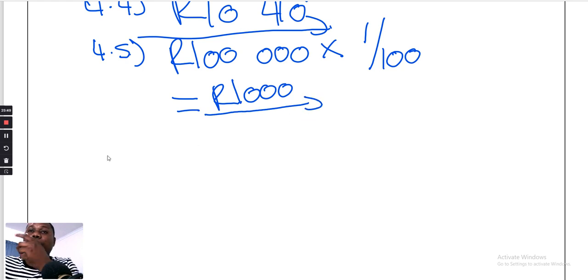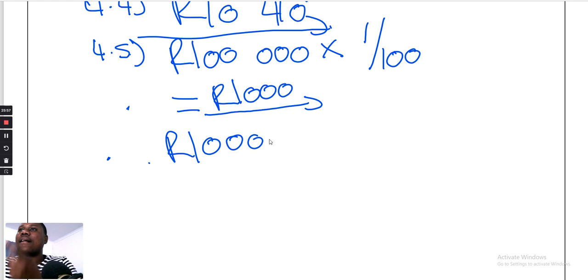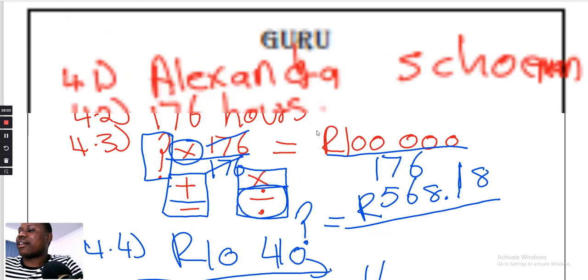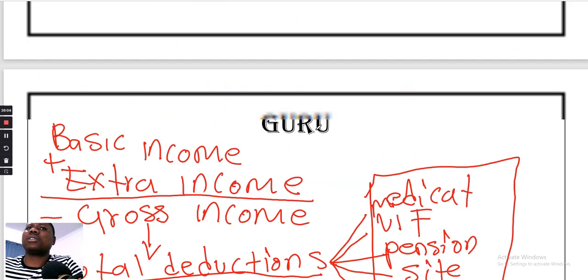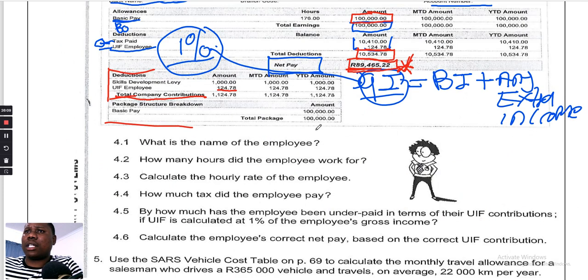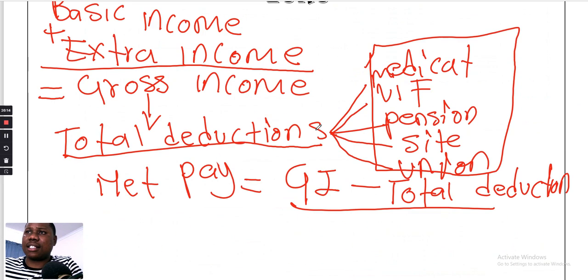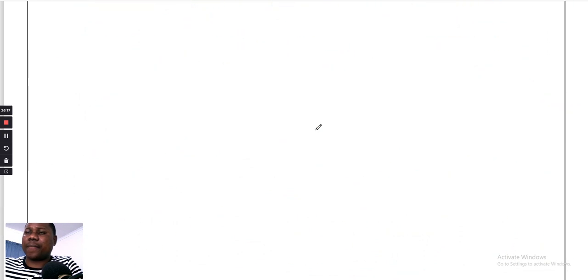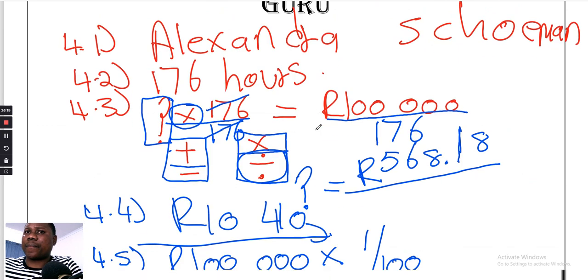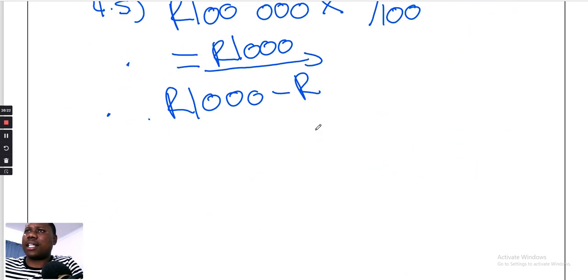Therefore that person, instead of paying 1,000 of the UIF, paid 124.78.